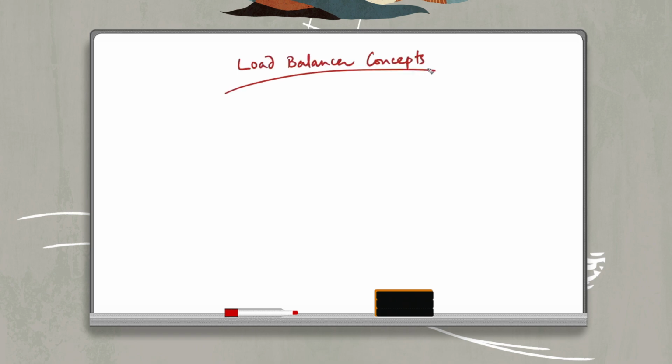Now let's talk about the load balancer concepts. There are a total of 9 concepts, and I will discuss them one by one. The first concept is that of backend servers. So what is a backend server? At the very start, I mentioned that the load balancer distributes the incoming traffic to multiple servers that are placed in the backend. So backend servers are the servers that will generate the content.